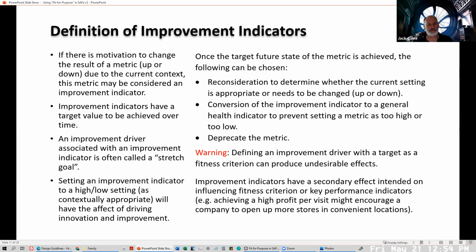So we set an improvement indicator to a high or low setting as contextually appropriate, with the effect of driving innovation and improvement. So remember who is filling out the fitness box score survey? It is the person that is the customer, whether it's an external customer or an internal customer. Okay. Does that help?